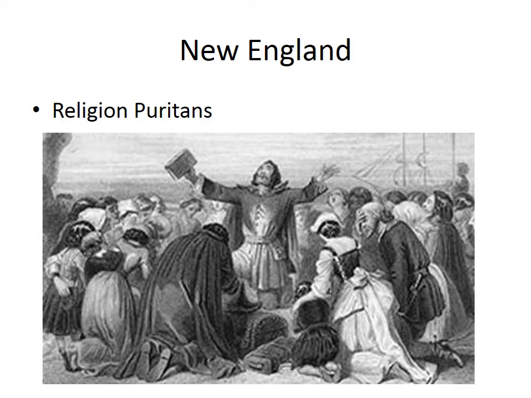Of course, you probably remember the Puritans, and they were the group of English Protestants in the 16th and 17th century. They're going to be the ones who settled Plymouth and Massachusetts Bay. And they were founded for religious purposes.